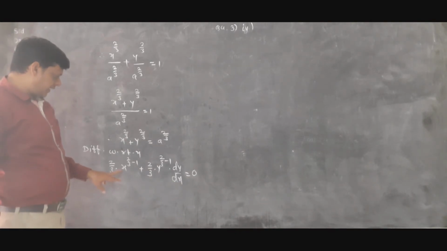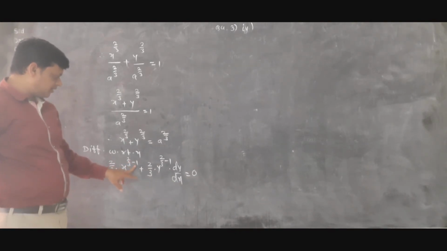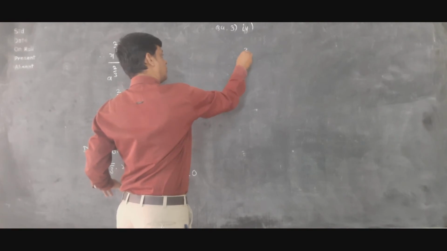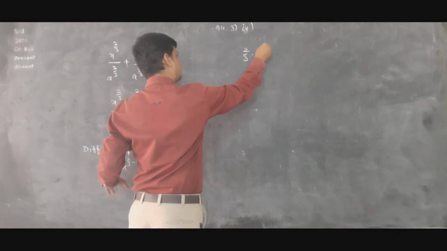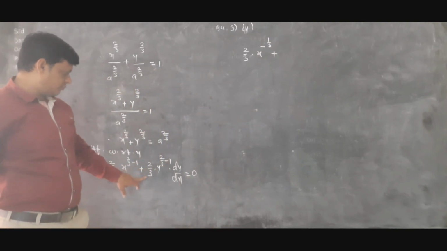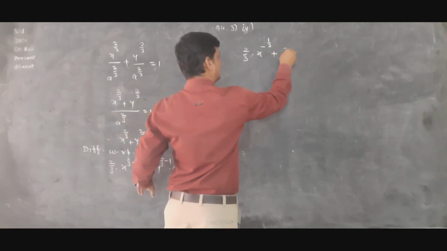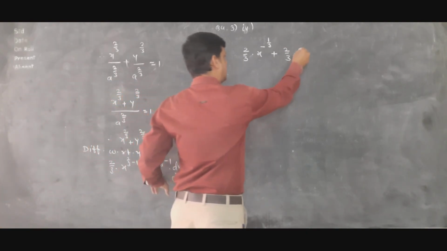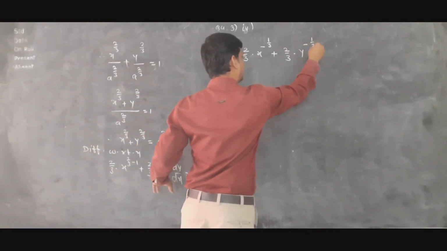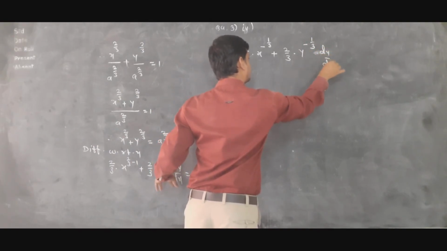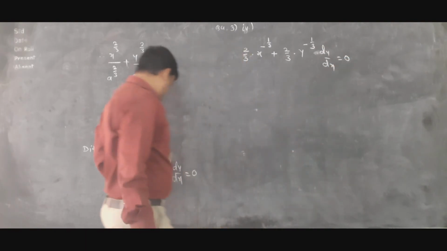So we write this 2 by 3 minus 1 as 2 minus 3 by 3, that is minus 1 by 3. So write here 2 by 3 into x raised to the power minus 1 by 3 plus this 2 by 3 into y raised to the power minus 1 by 3 into dy by dx is equal to 0.